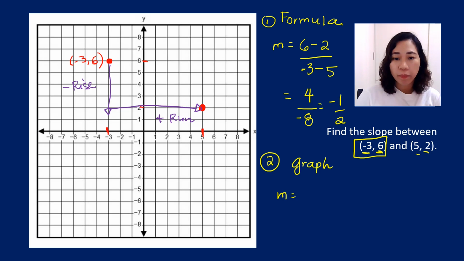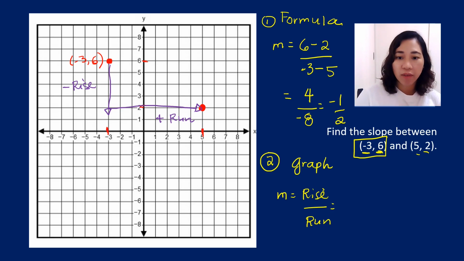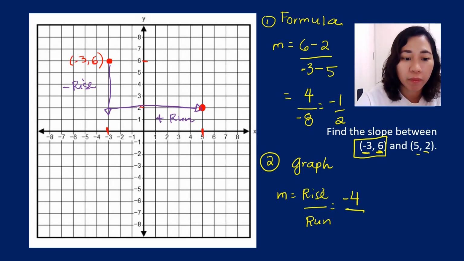So my slope is rise over run. What is my rise? I go down by 1, 2, 3, 4, so my rise is negative 4. Then what about my run?